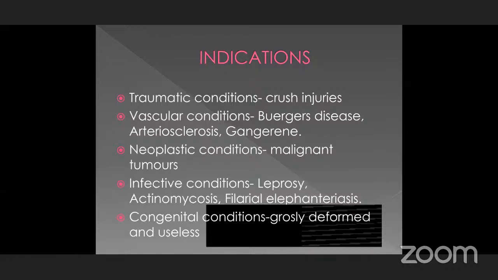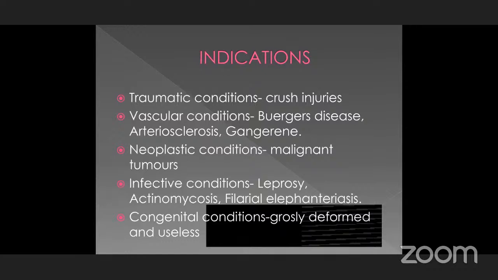And also neoplastic conditions. Malignant tumors form in persons affected with tumors, and amputation is done so it cannot spread all over the body. Some infective conditions like leprosy, actinomycosis, filarial elephantiasis, these are done to stop the spread to the whole body.